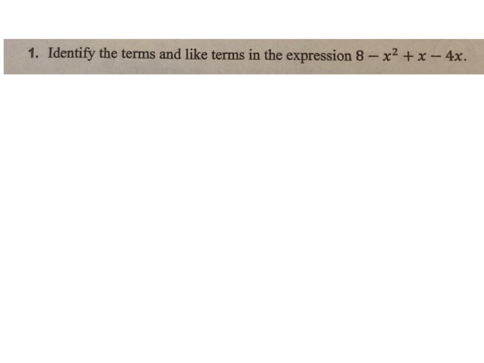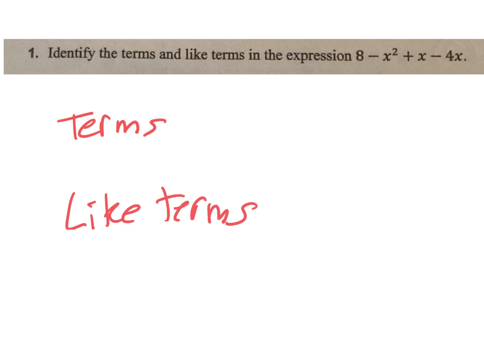All right, so let's look at number 1. Identify the terms and like terms. So we have two things: terms and like terms. Now, I want to add the opposite. So I see I have 8 minus x squared. I want to get everything to plus, so I add the opposite there.